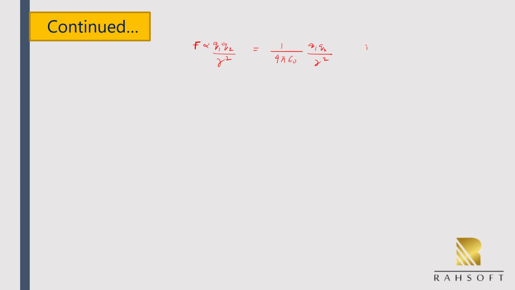You can consider this equation 1. So this is the law. The force is directly proportional to the product of the charges and inversely proportional to the square of the distance between them. So what is this 4 pi epsilon naught? Epsilon naught is basically the proportionality constant.